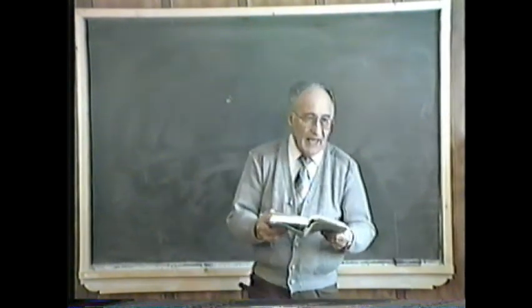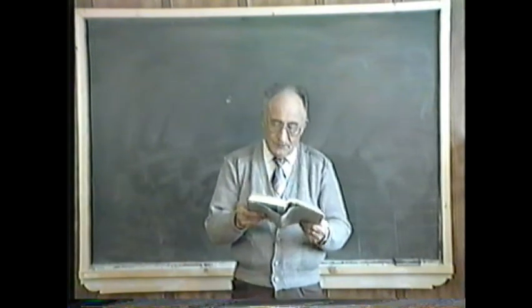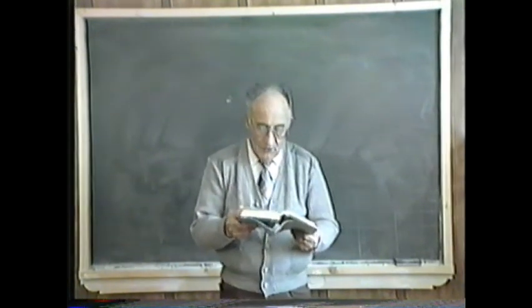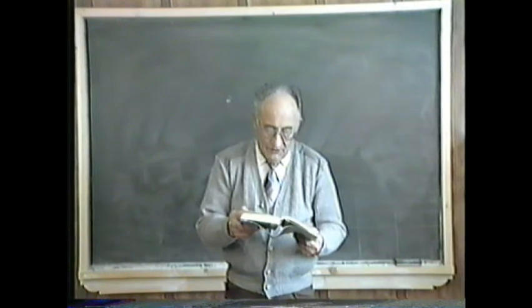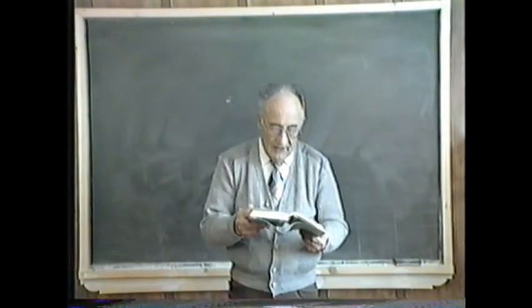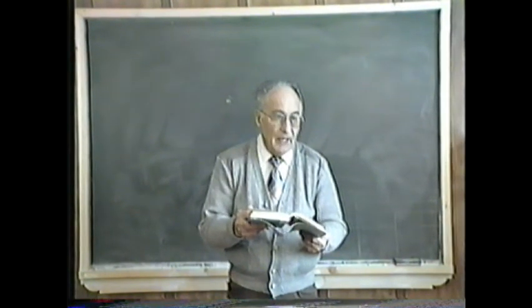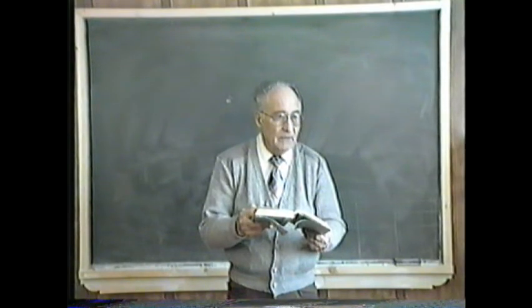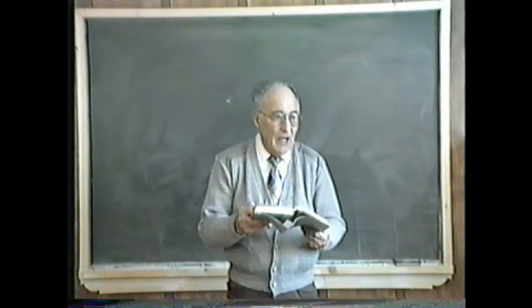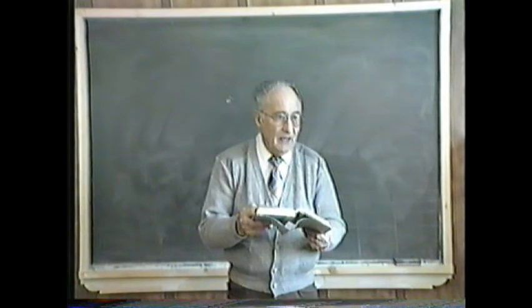Now let's turn back to the vocabulary and notice, if you will, the first word in the left-hand column, apererchomai. Well, what's that a compound of? Apo, all right, apo and erchomai.